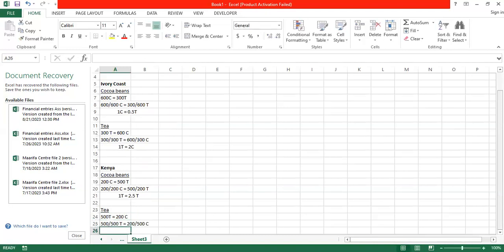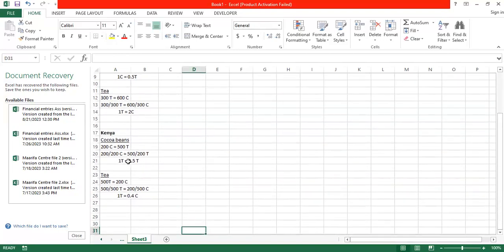So this one, it's 1, and then 500 to 200 is 0.4. I'm not sure, let's start because I'm not sure. So it simply means that for Kenya, it's cheaper to, no.